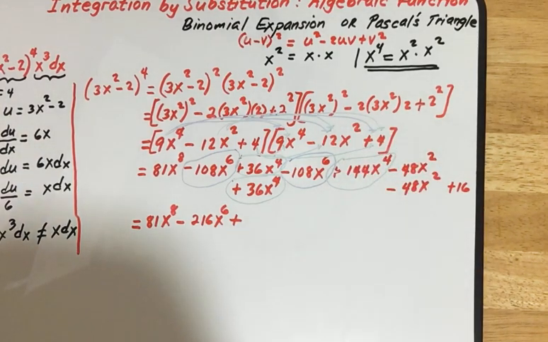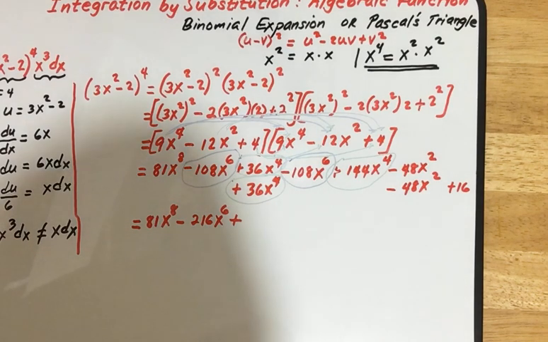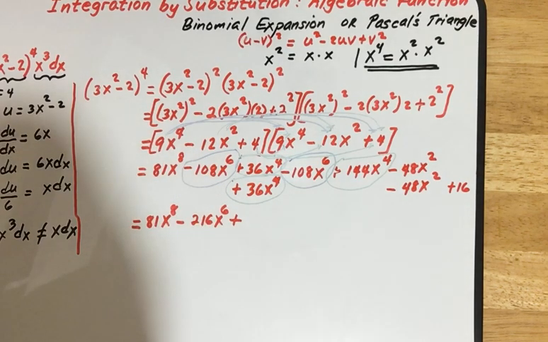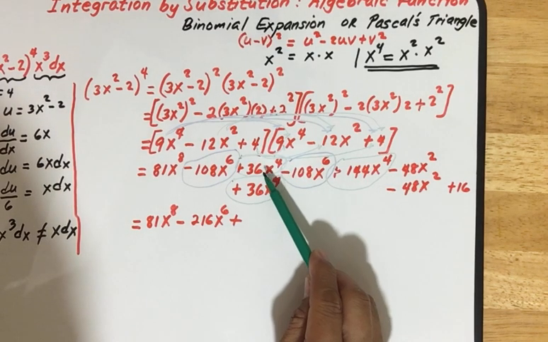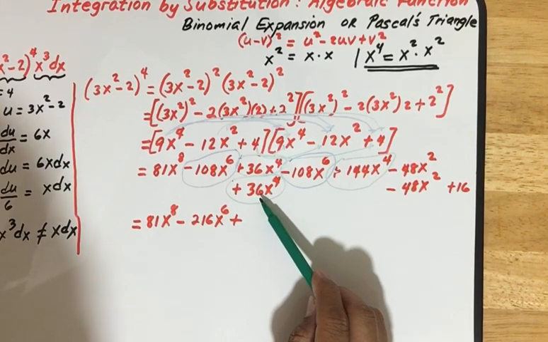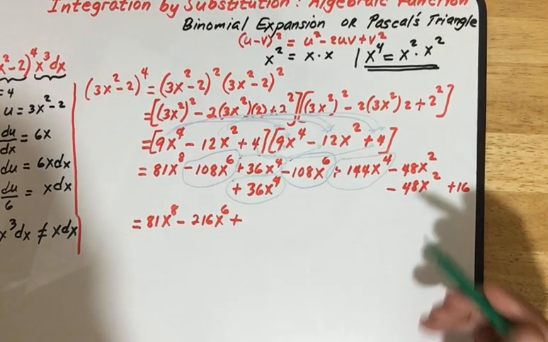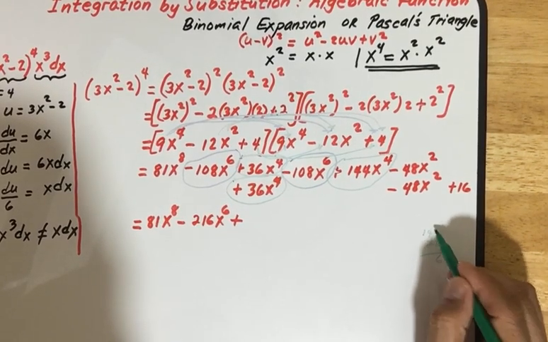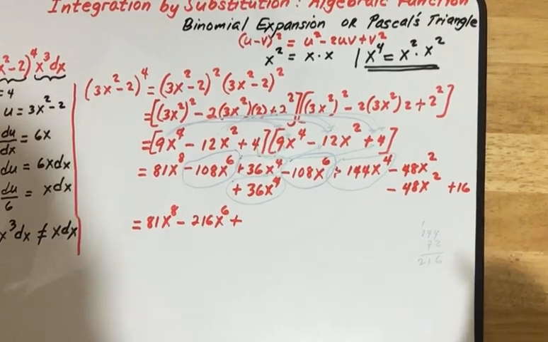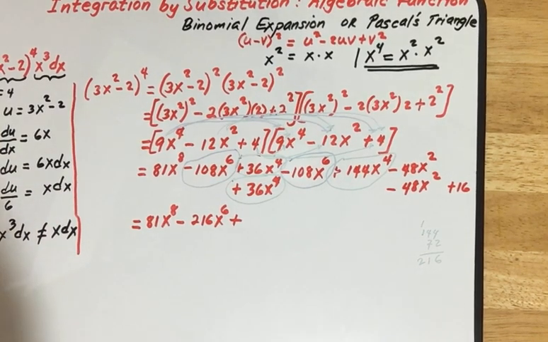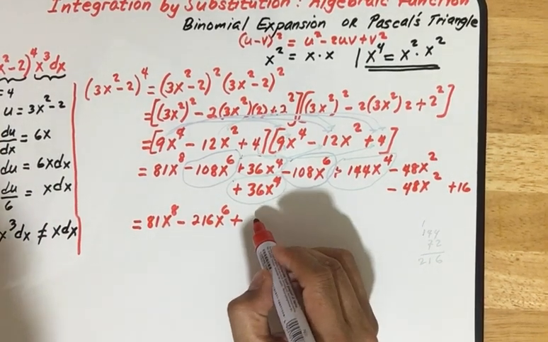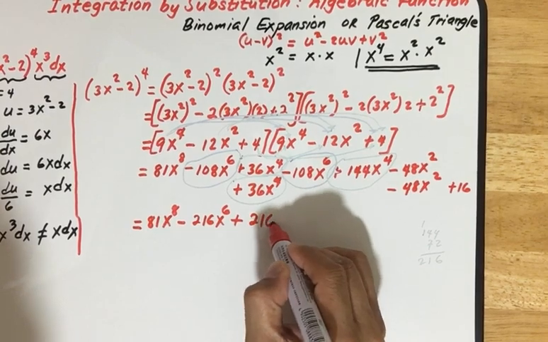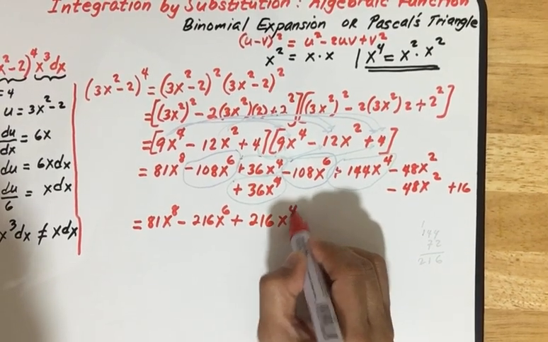So when you add those, what's the sum? 72, no? We have 36 plus 36, 72. 72 plus 144, so that is 216. So this is plus 216 x to the power 4.